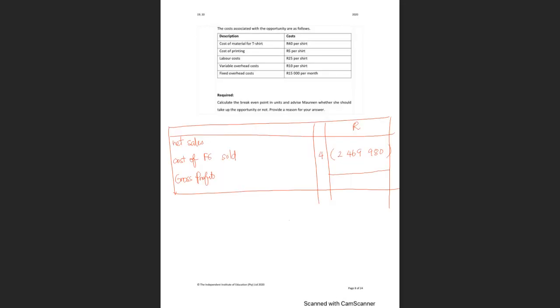So you need to show that within brackets, the 11,440,000 minus the 49,361, and that gives you 11,390,639. So the sales minus your cost of sales gives you a gross profit of 8,920,659.